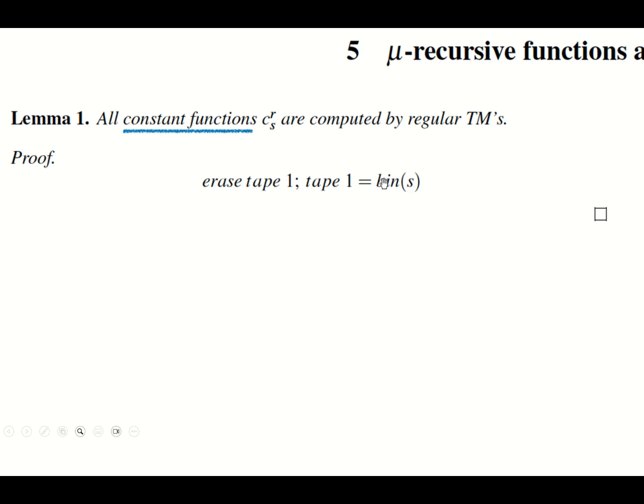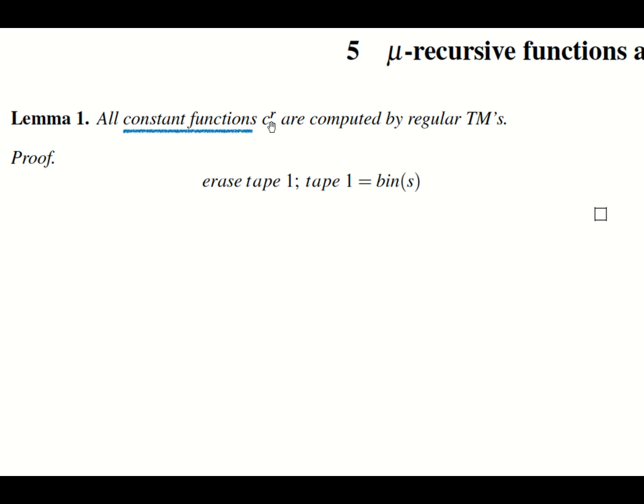We did this also when we said that you can write any word on the tape. The word in this case is the binary representation of 7. So this machine will erase the tape and write 7. This is exactly a Turing machine that computes the constant function 7, because any input you write, it erases it and writes 7.